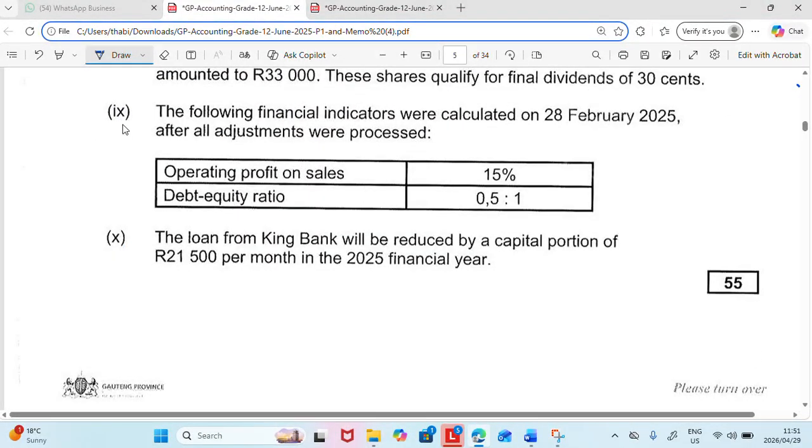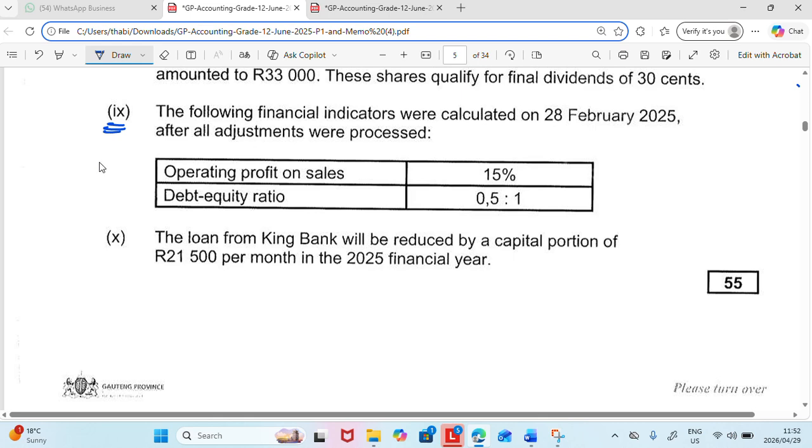We are given the second last adjustment where we have ratios. Can you notice the debt equity ratio is given 0.5 is to 1. How do we calculate debt equity ratio? Debt equity ratio, it is non-current liabilities is to shareholders equity.